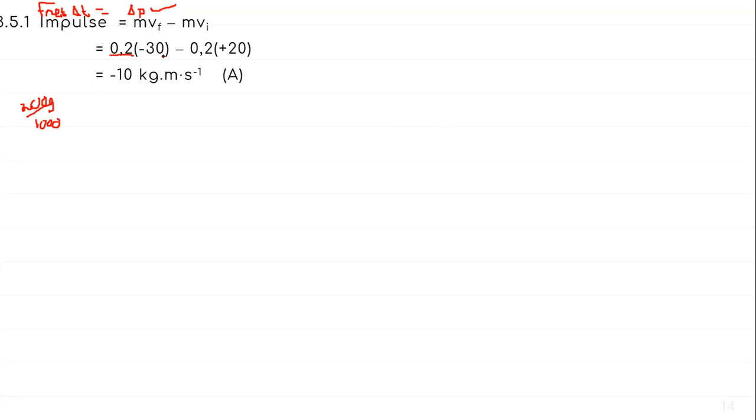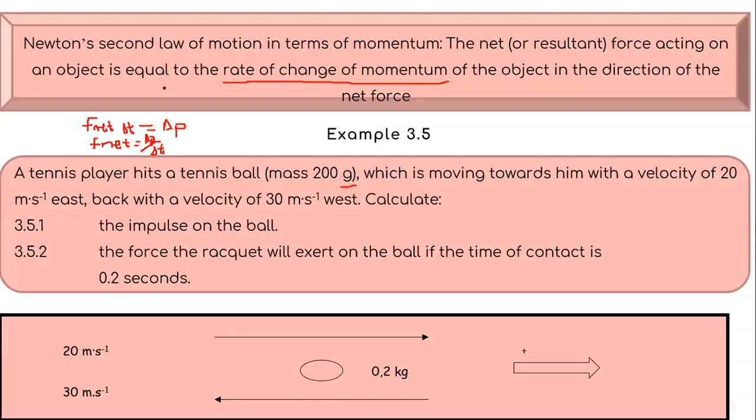The final velocity, which is 30 meters per second. And remember, now we are talking east. In other words, this direction will be west. We chose east as positive and west as negative.